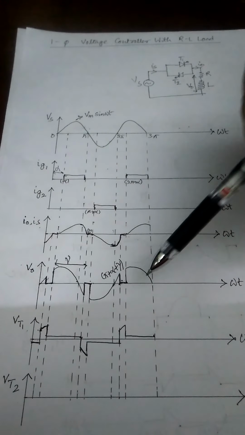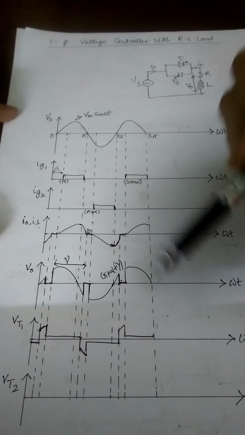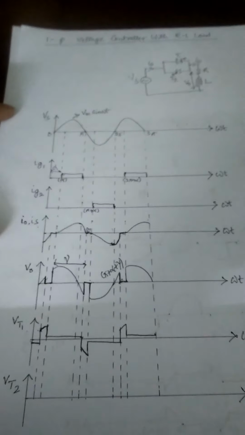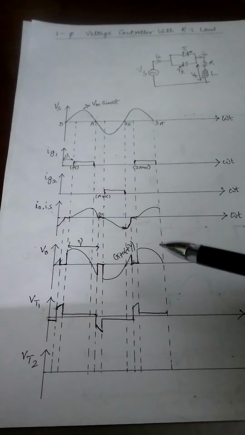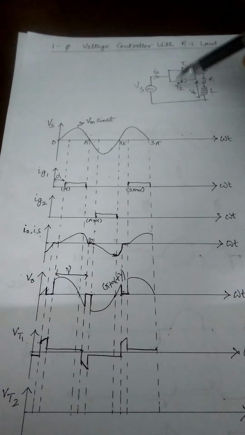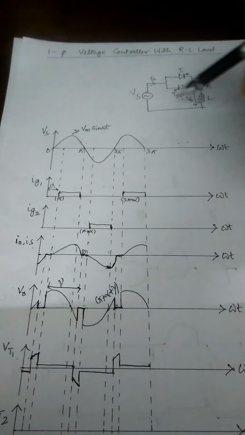Here you can see that thyristor T1 is reverse biased in each cycle for up to pi radian angle. As per VT1, when the T2 thyristor is in forward biasing mode, that makes the T1 thyristor be in reverse biasing mode, and when the T1 is in forward biasing mode, that makes the T2 thyristor be in reverse bias mode.